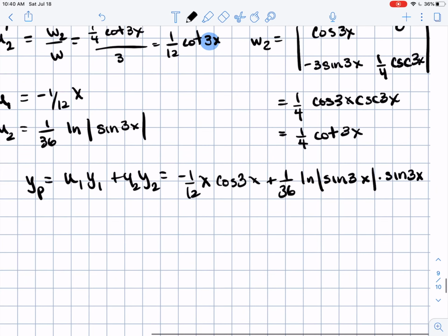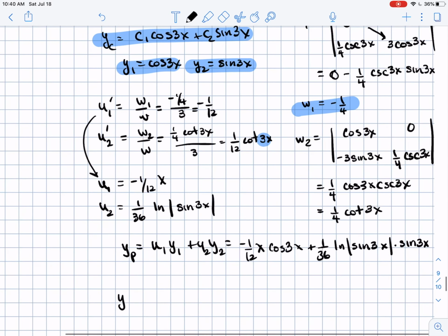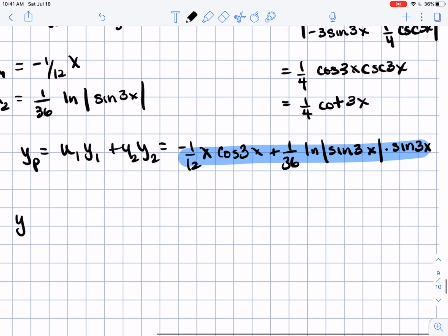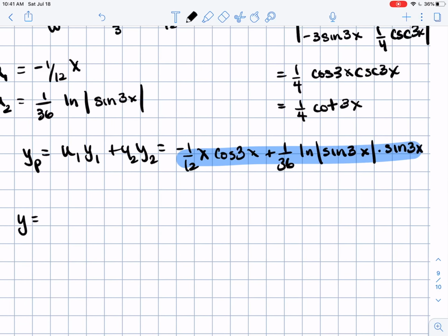Okay, so let's put everything together now. I'm going to put my y sub c and the y sub p together, and that would be our final solution. So I would wind up with y equal to c1 cosine 3x plus c2 sine 3x minus 1/12 x cosine 3x plus 1/36.